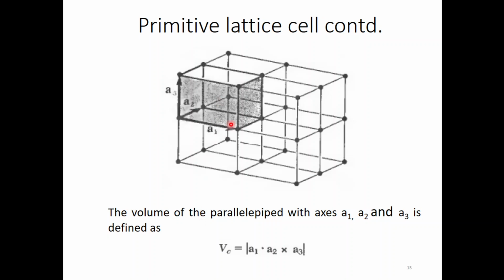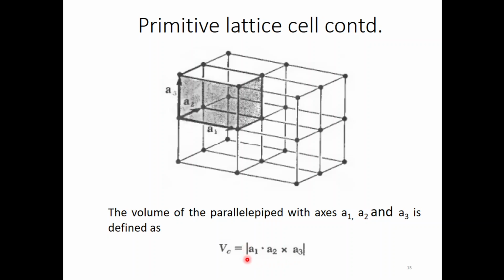The volume representation is a very famous formula, which is A dot B cross C. In this case, we have a1, a2, a3 instead of A, B, C. So the volume of the cell is the modulus of a1 dot a2 cross a3, right?